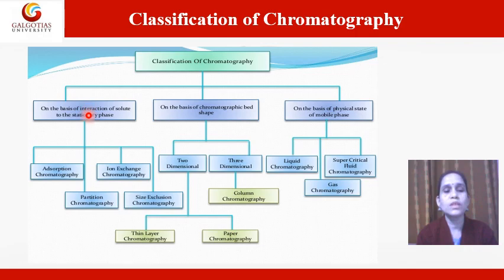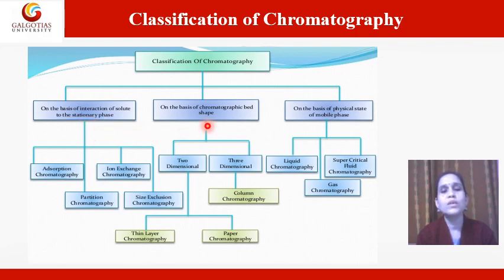On this basis, chromatography is of four different varieties: adsorption chromatography, ion exchange chromatography, partition chromatography and size exclusion chromatography. These four varieties depend upon the interaction of solute to the stationary phase.